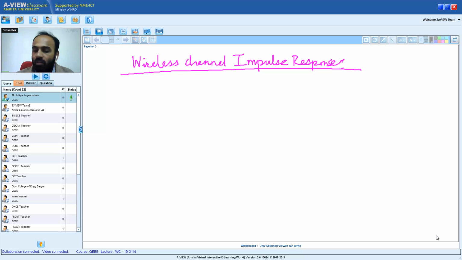That is, if I model the wireless channel as an LTI system, what is the channel impulse response of the wireless channel h of t? Does anyone remember?